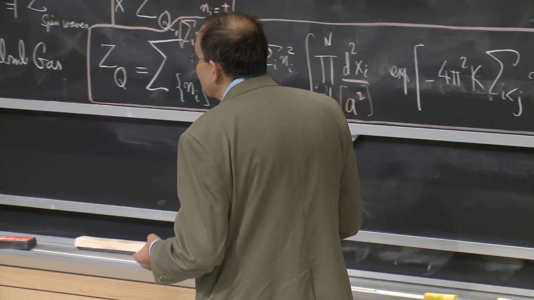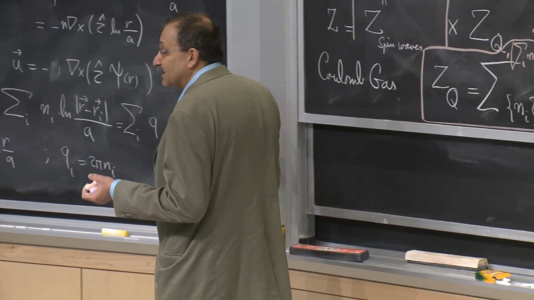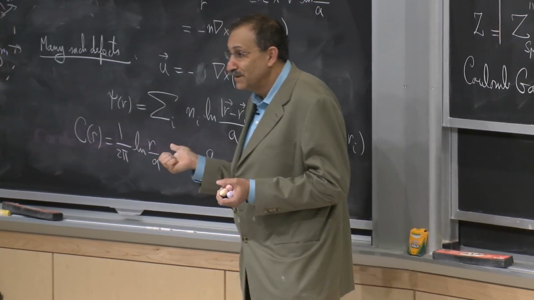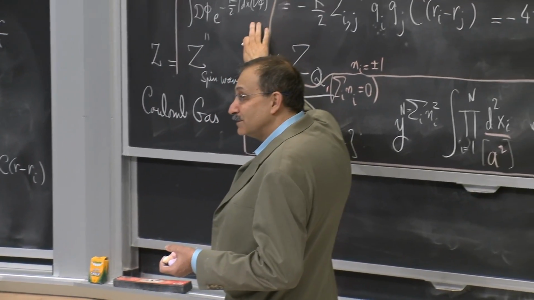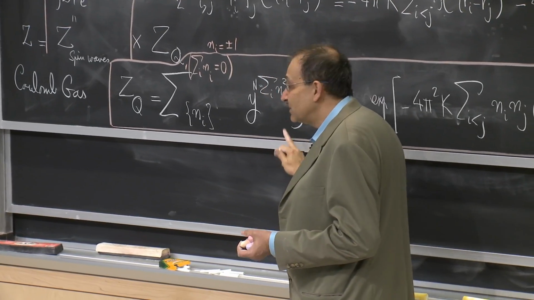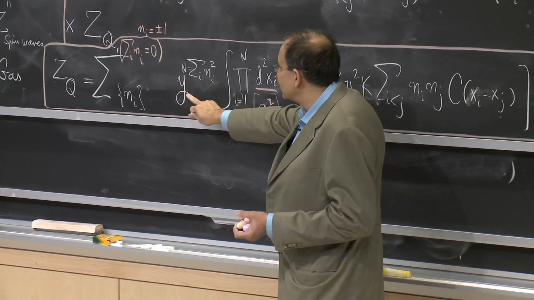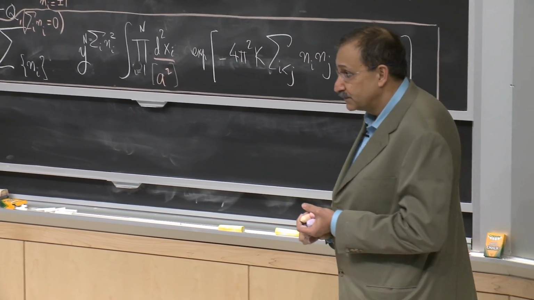And I find that that integration over spin angle degrees of freedom can be decomposed into a Gaussian part and a part that, as you correctly point out, corresponds to a grand canonical system of charges.